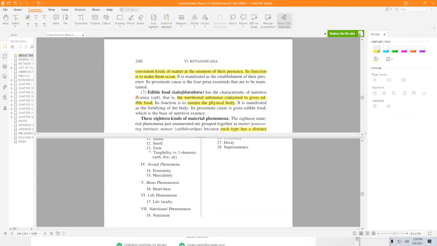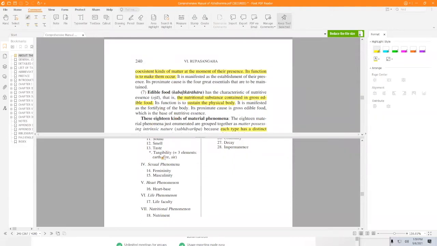So it's identified with something called oja, which can be understood as nutritive essence. It's the nutritional substance within the gross edible food, and its function is to sustain the physical body and to fortify the body.